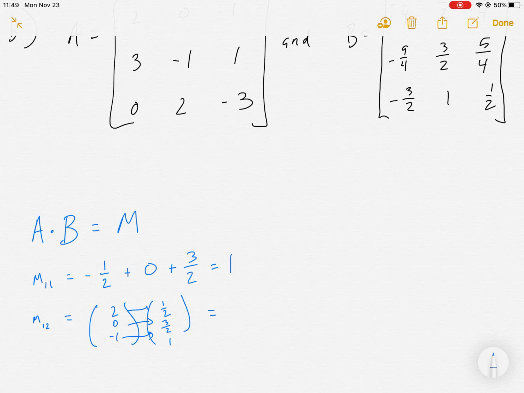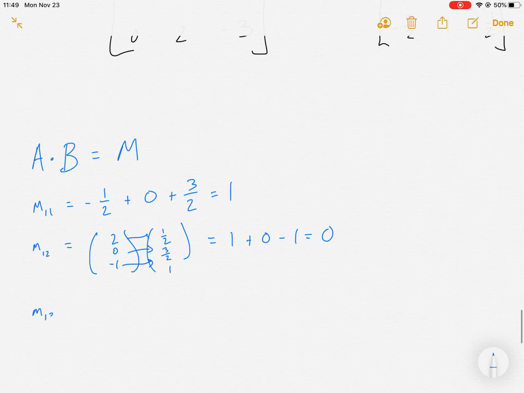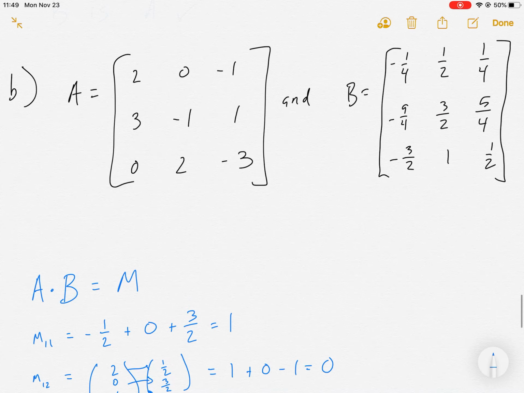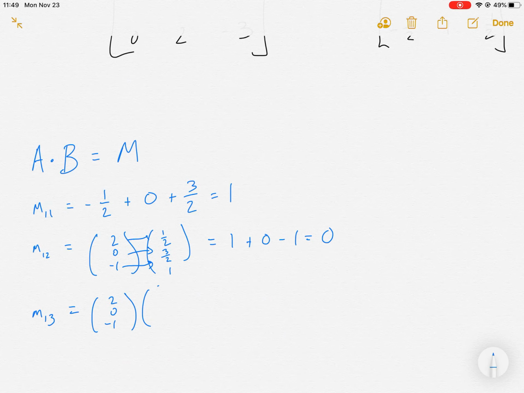And so I end up with 2 times 1/2 is just 1, and then I get another 0, and then minus 1, so that's 0. And we would keep doing this, 2, 0, negative 1. The first row with the third column is 1/4, 5/4, and 1/2. So I end up with 1/2 plus 0 minus 1/2, so that would also be 0.